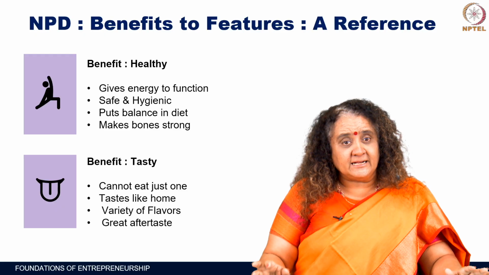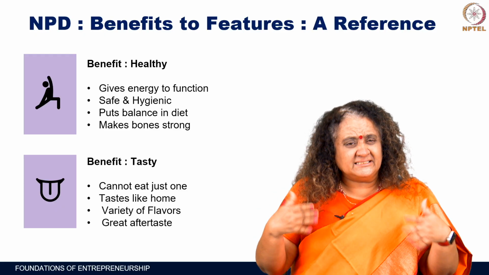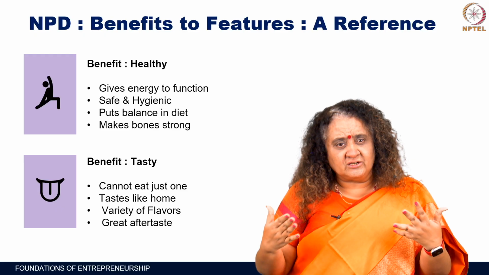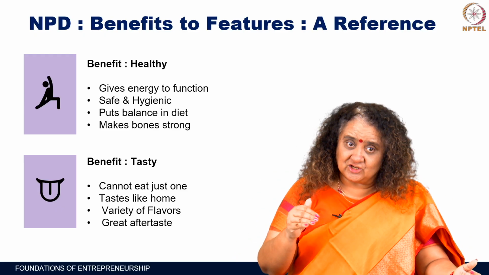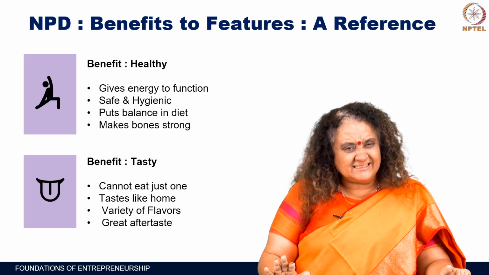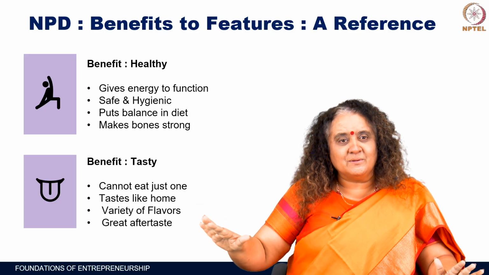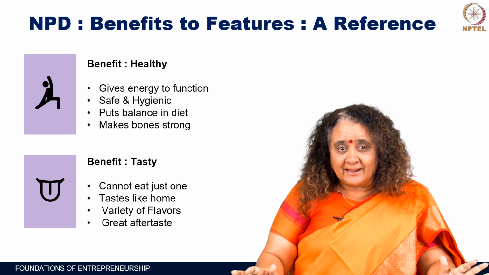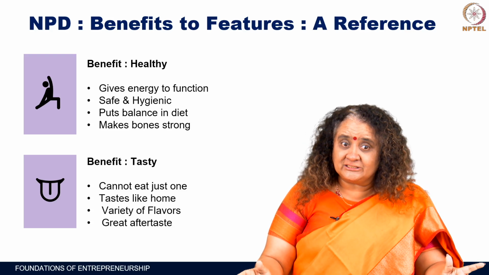If the benefit that we want to talk about is gives instant energy or gives me all day energy, then the kind of specifications for the product will change. Safe and hygienic is like quality, it is the bare minimum that is required for any brand or company to be successful. I will now move to the other benefit, which is tasty.